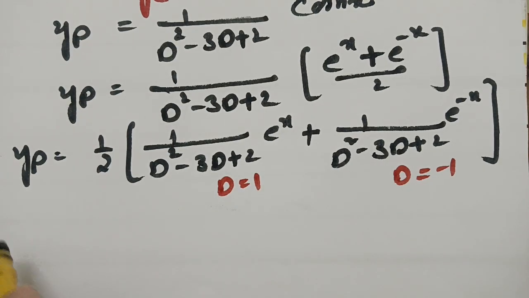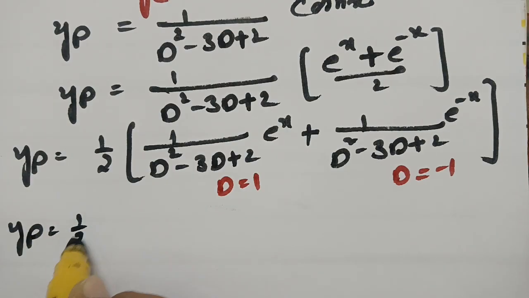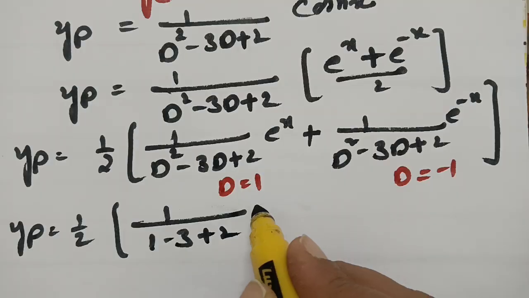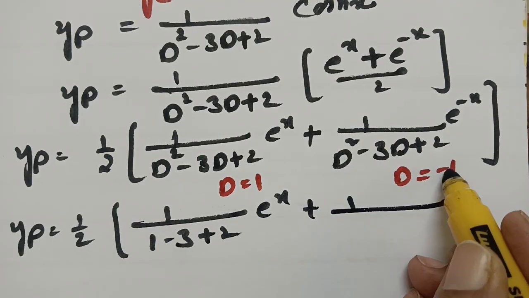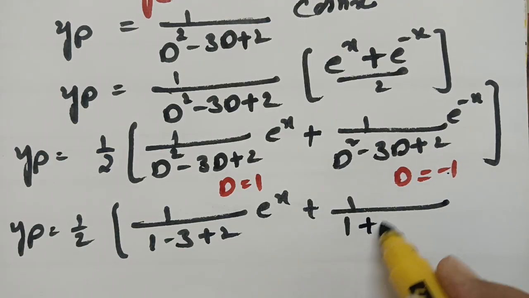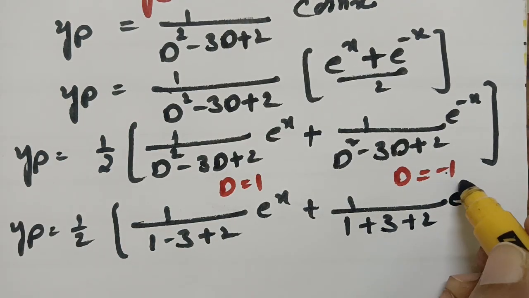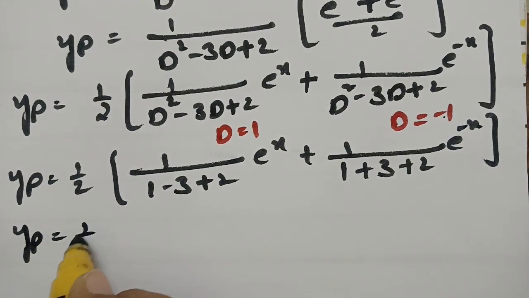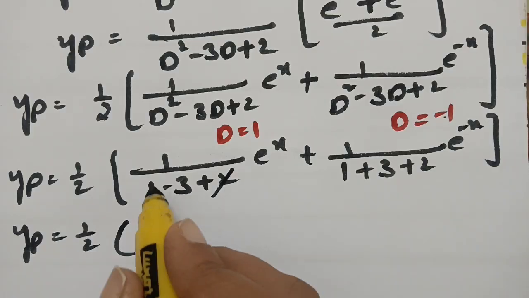So if I substitute 1 in the first term, that is 1 minus 3 plus 2 into e power x. Here if I substitute d is equal to minus 1, this will be plus 1 plus 3 plus 2 into e power minus x. So yp value is equal to 1 by 2 times of, this is plus 3 and this is minus 3.